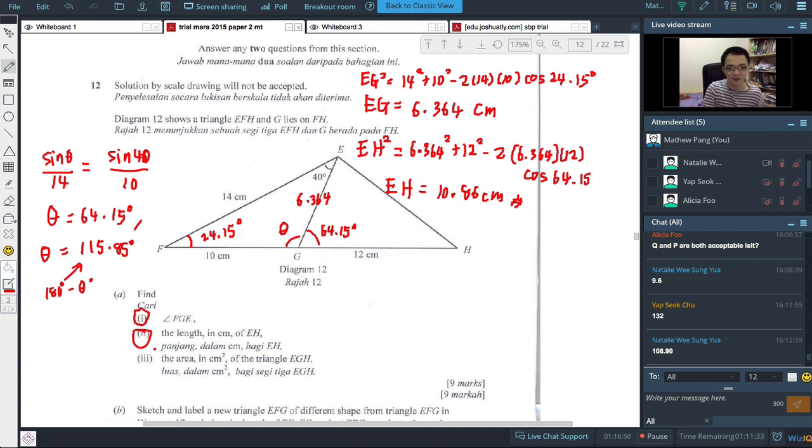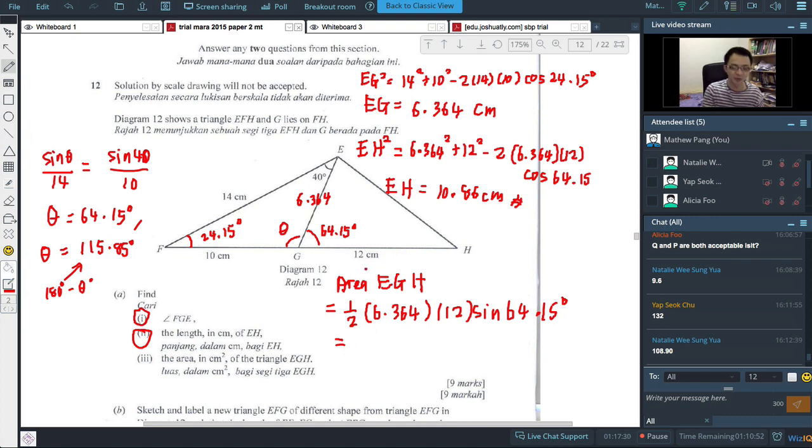Then it asks you to find the area for EGH. You have two sides and one angle in between. So area EGH, use the sine rule: two sides and one angle in between, so 6.364 times 12 divided by 2 times sine 64.15.